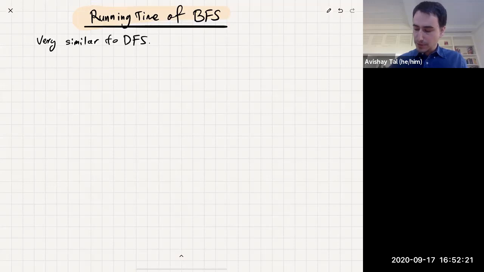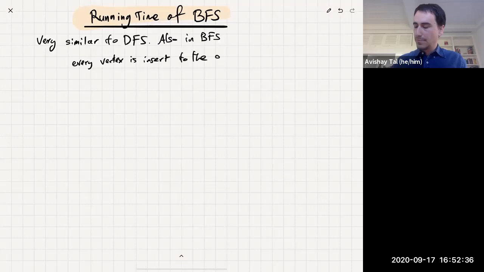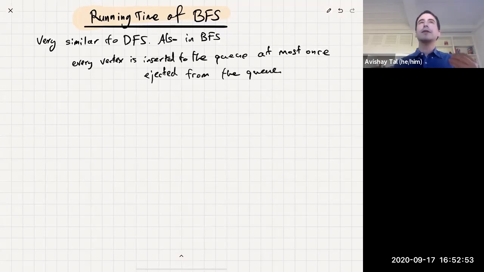So also here in BFS, every vertex is inserted to the queue at most once, and ejected from the queue at most once. So we will never put the same vertex in the queue twice.